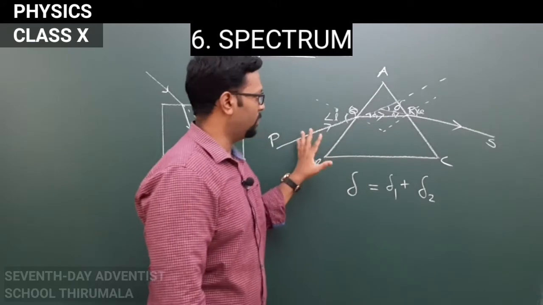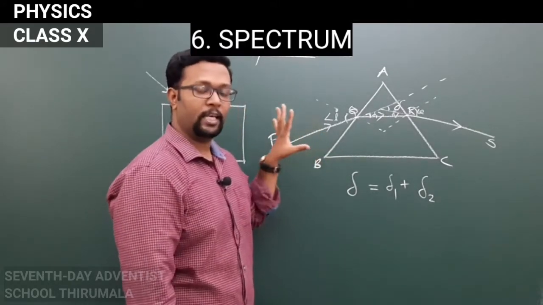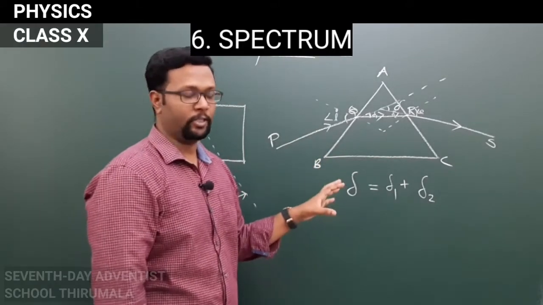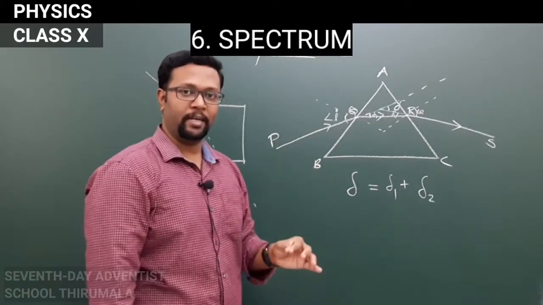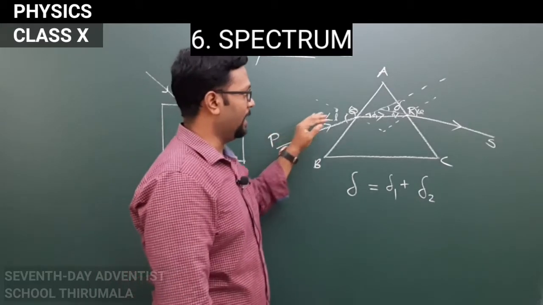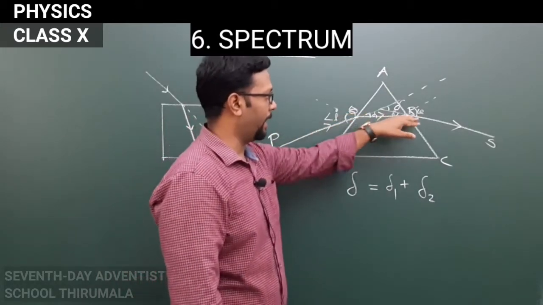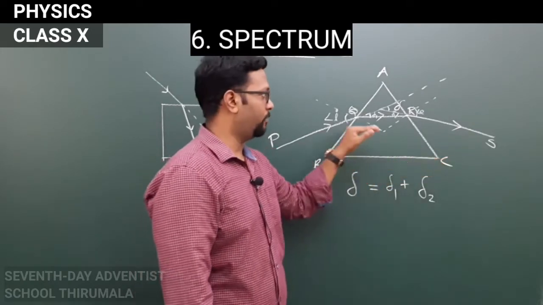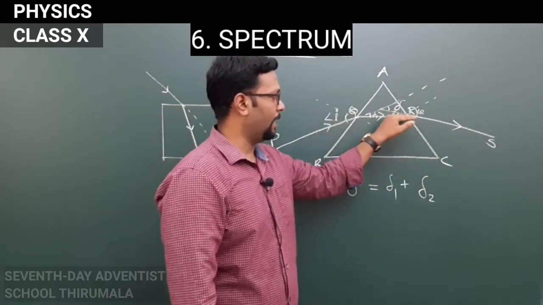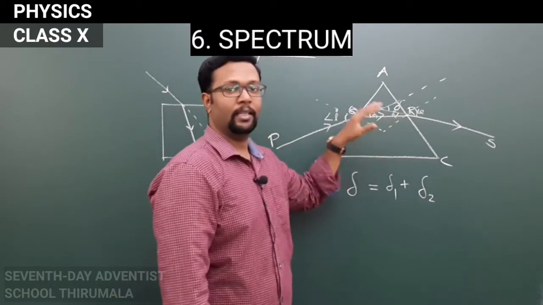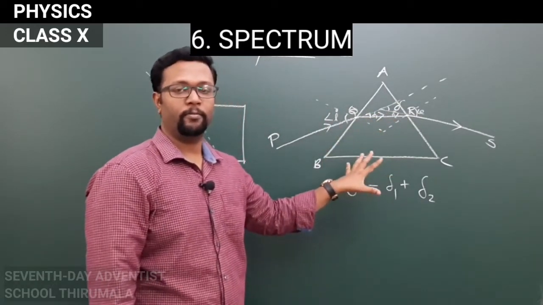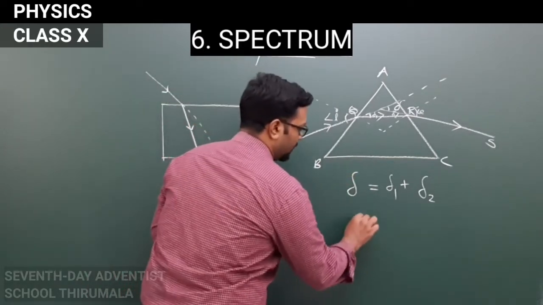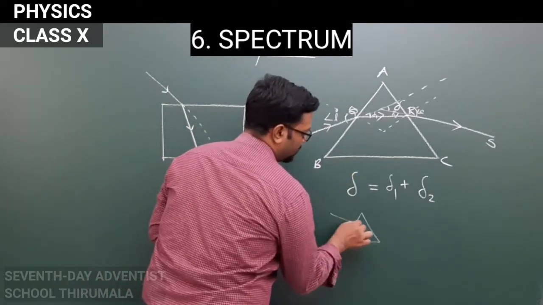The position of the light ray, as we are seeing on the board right now, is the position for the angle of minimum deviation. In the case of minimum deviation, the light ray inside the prism will be parallel to the base. We can draw figures which are not like this.